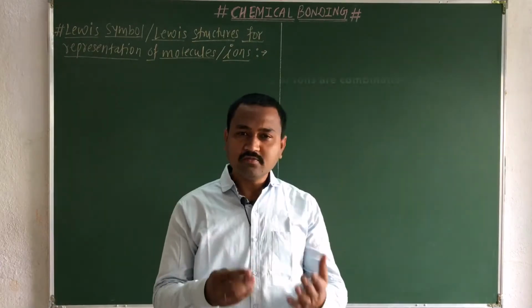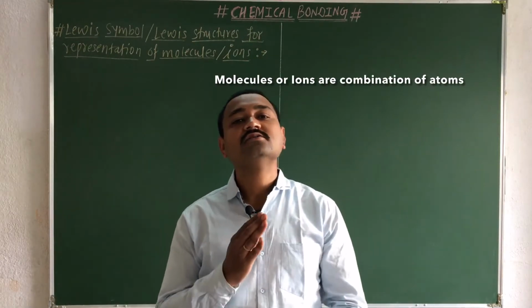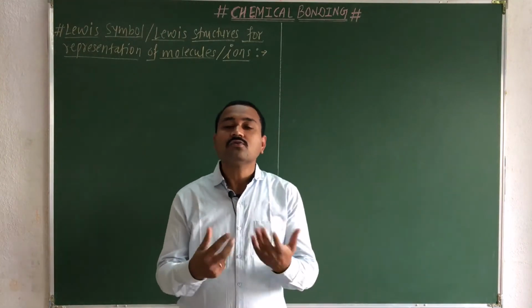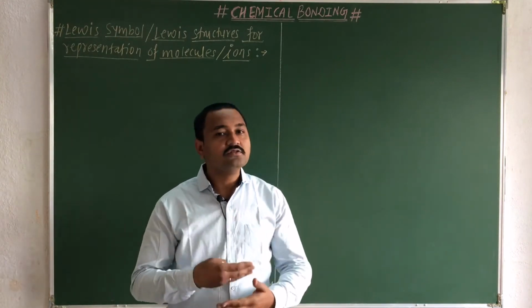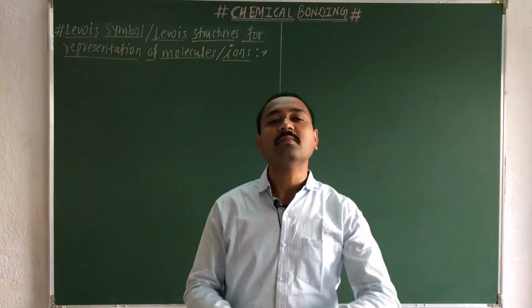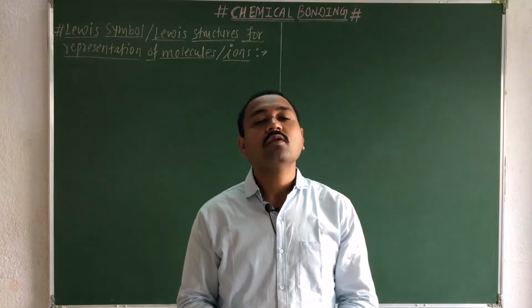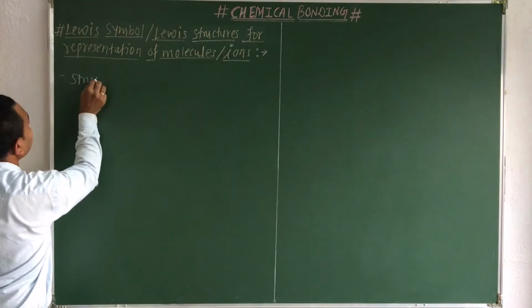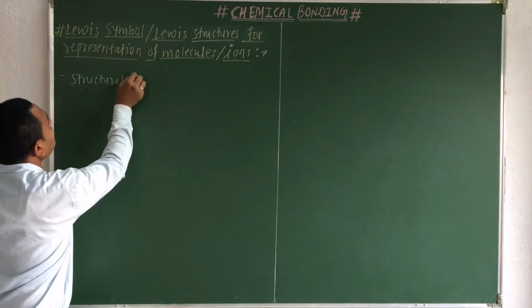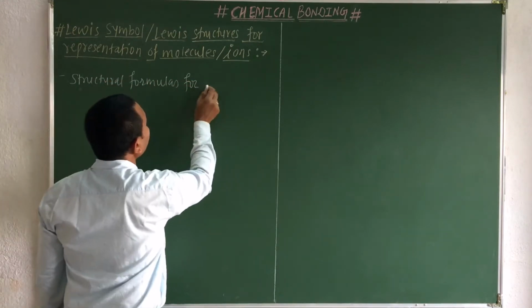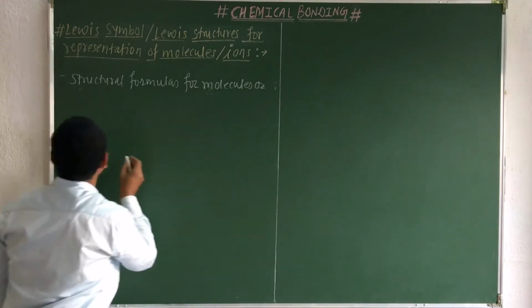You know that any molecule or ion is made up of a number of atoms, is it right? So how can we write the Lewis symbol for molecules or ions? Obviously we have to combine the Lewis symbols which we have written for the atoms, to consider the structural formulas for molecules or ions.